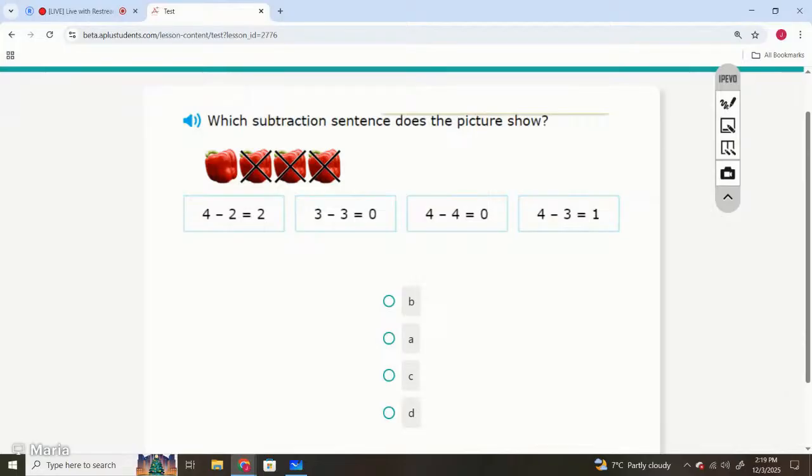Which subtraction sentence does the picture show? So which is the correct option?